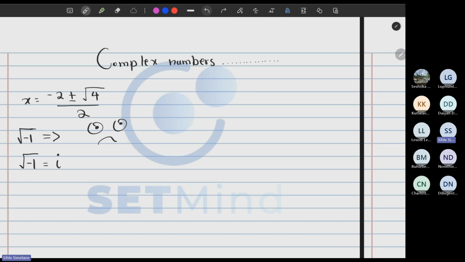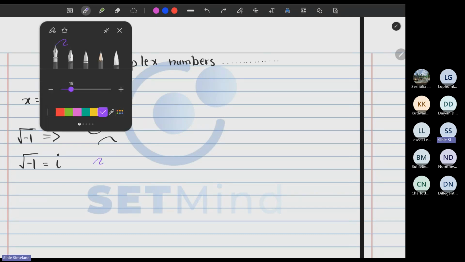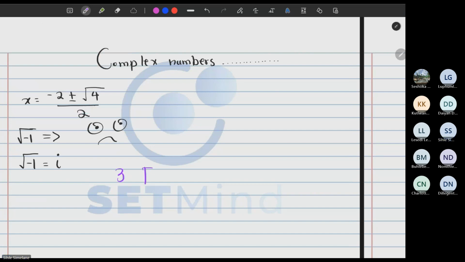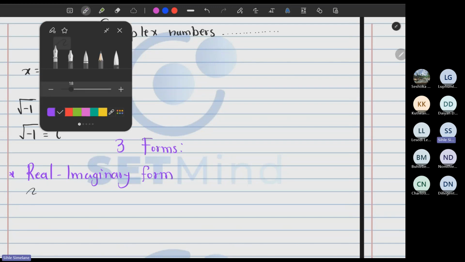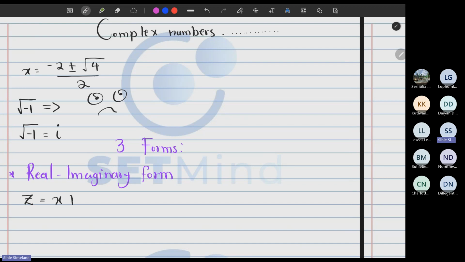So in complex numbers, we have 3 forms. They can come to you and say, write the complex number in real imaginary form. And what is real imaginary form? The complex number we denote by z. It will be x plus iy. This would be the real imaginary form.